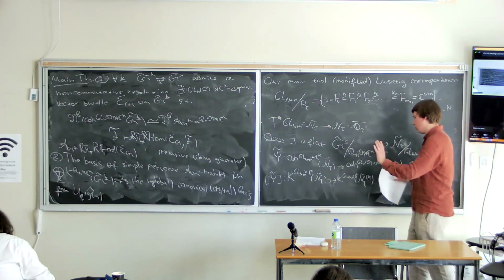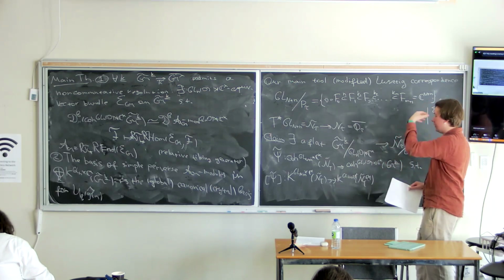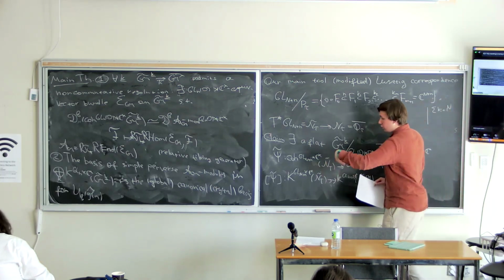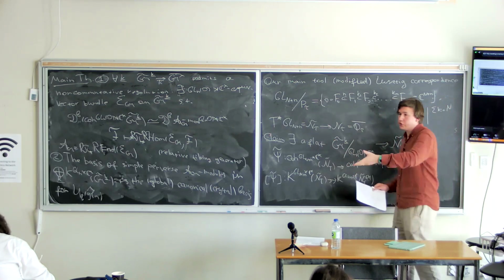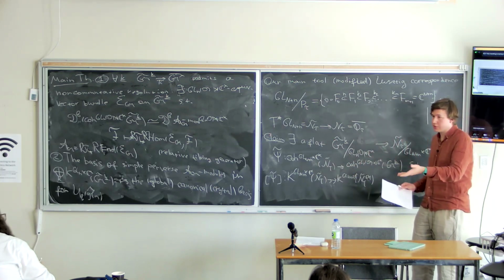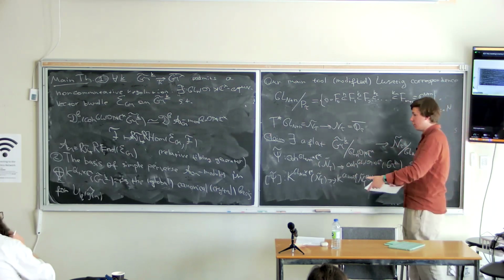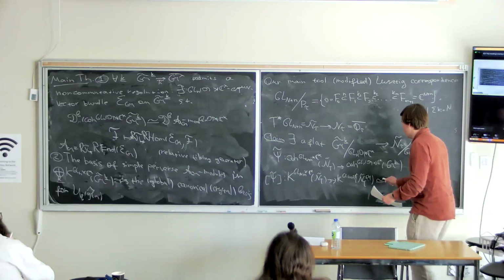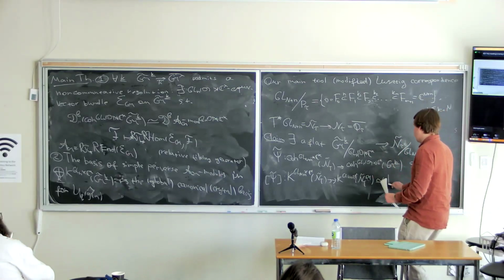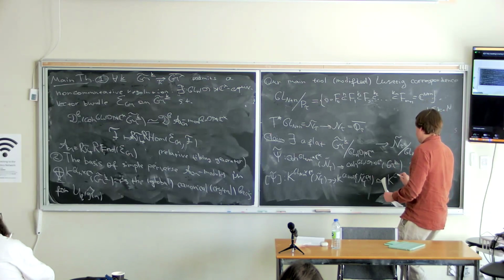It may be too technical, but the fact is that this is a union of a finite number of G-orbits. If we restrict to some open subset of certain orbits, then it will become an isomorphism of covariant K theories.